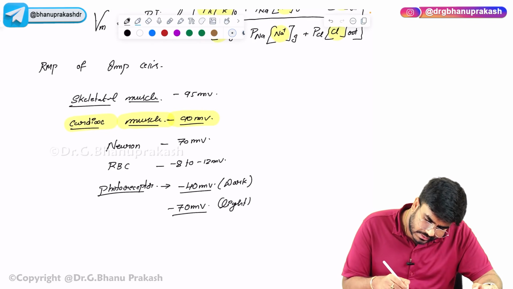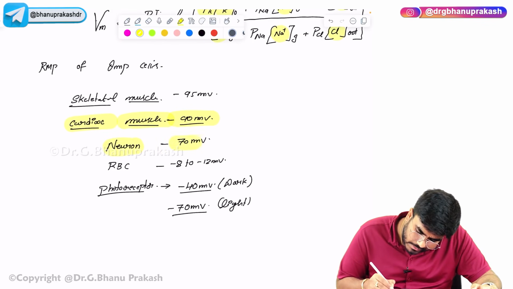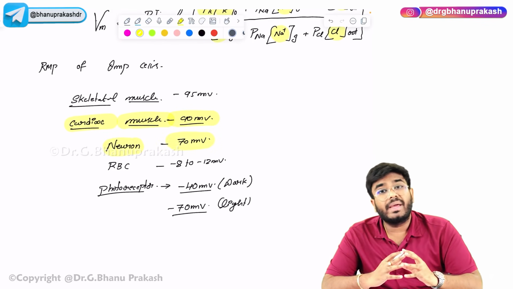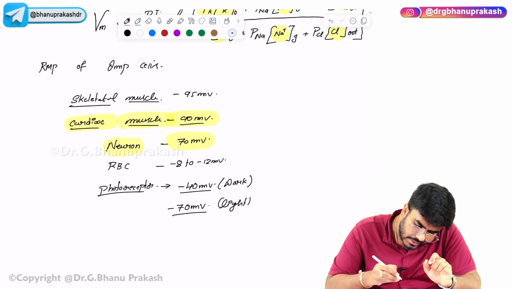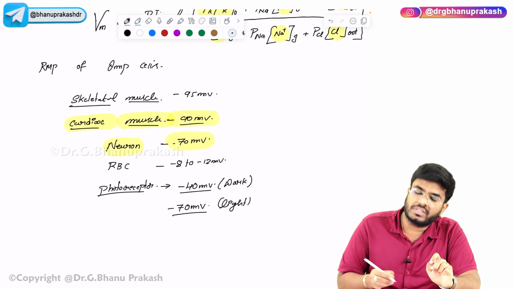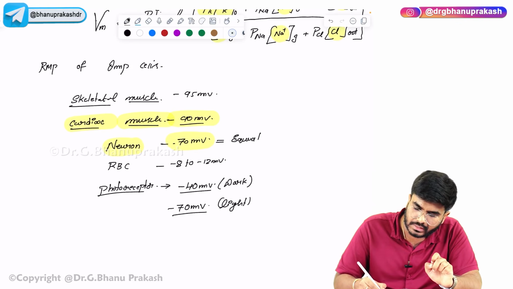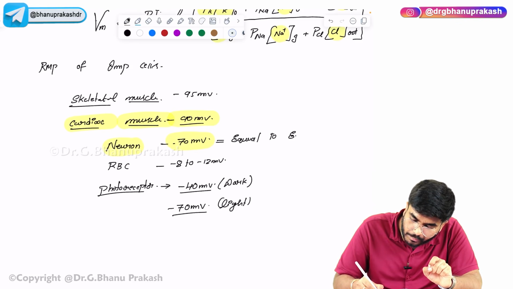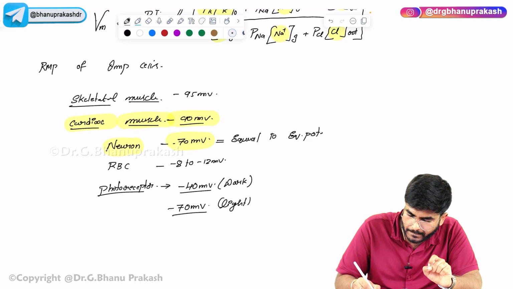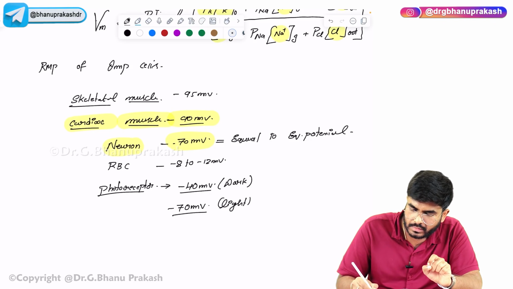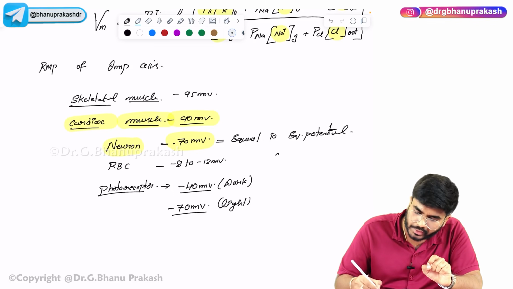What else you have to know is, the resting membrane potential of a neuron is how much? Minus 70 millivolts. Now tell me, the resting membrane potential is equal to what? Equilibrium potential. Equilibrium potential of which ion?